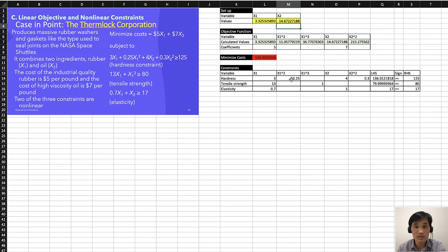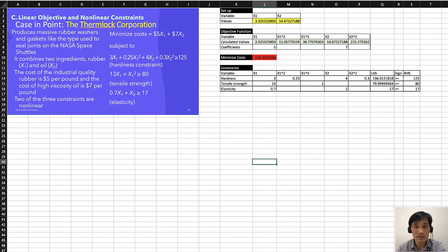Accordingly, we find the calculated values for x1, x1 squared, x1 cubed, x2, and x2 squared right here. And the cost is about $119.33. The left-hand side and right-hand side are determined here as well.